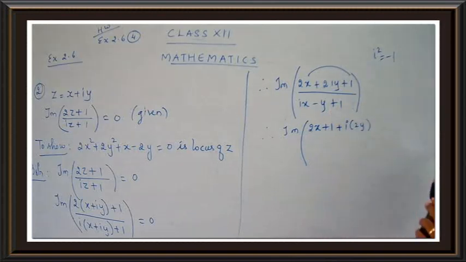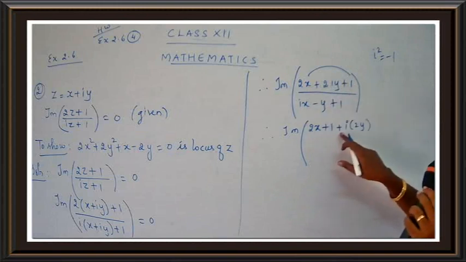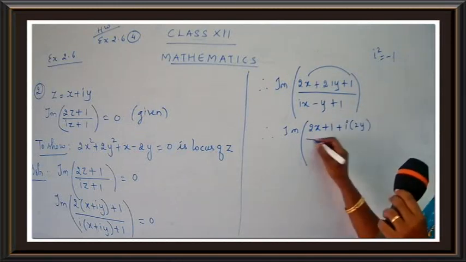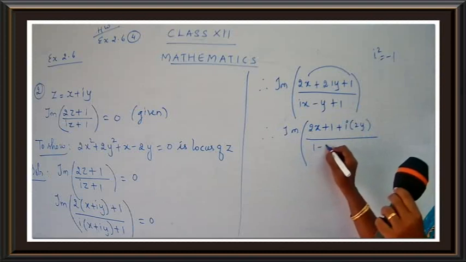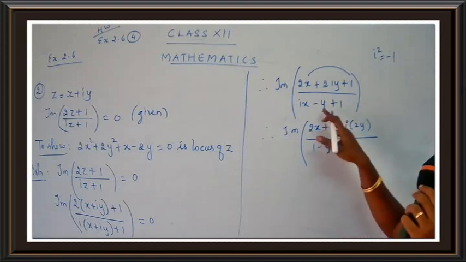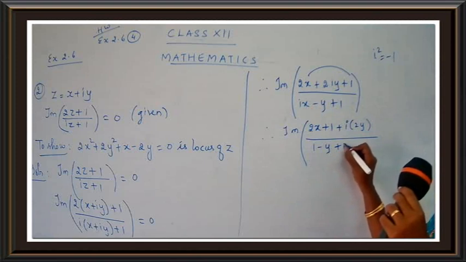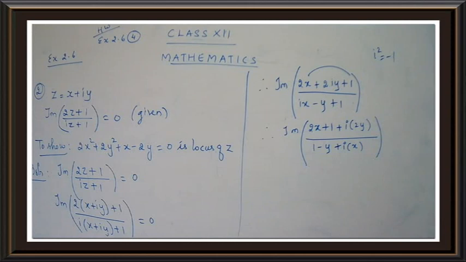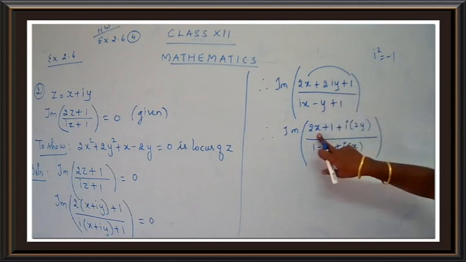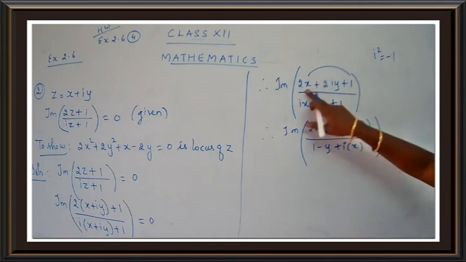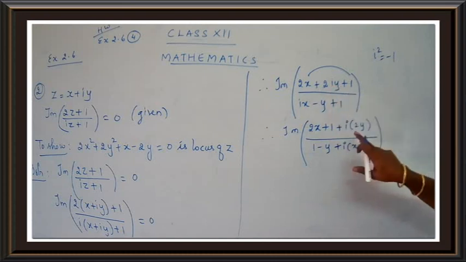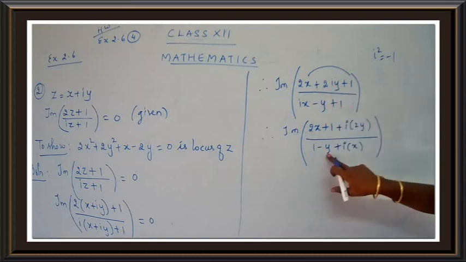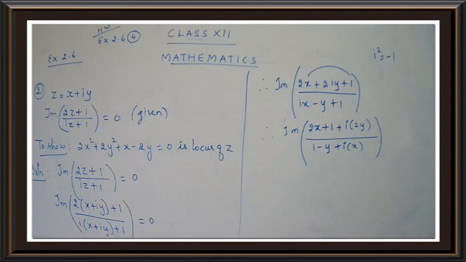Are you getting the point, children? 2x plus 1 plus i 2y upon 1 minus y, plus ix. Okay, children? So we have grouped the real part and the imaginary part separately. So what is the real part? Without i, 2x plus 1, i 2y, 1 minus y plus ix. But that's all. Now what we have to do is get the equation.